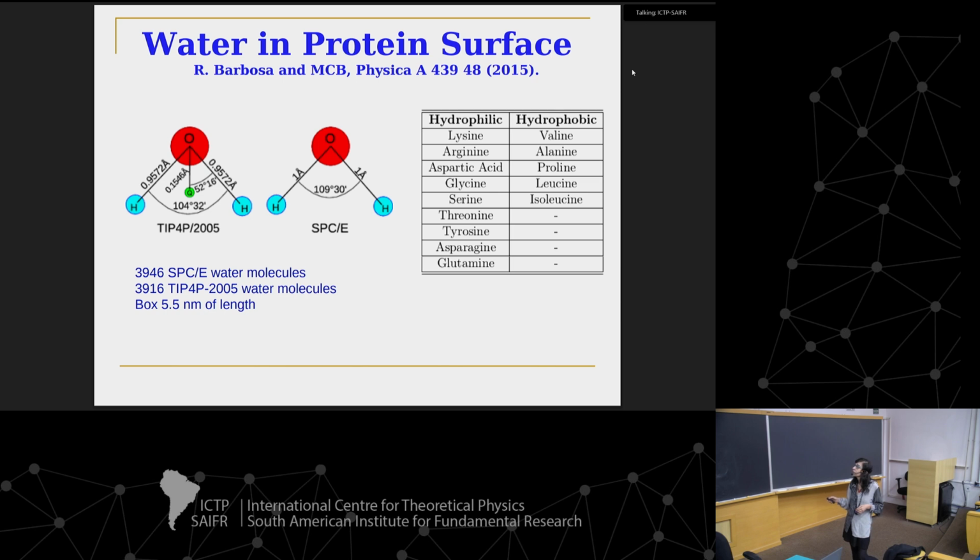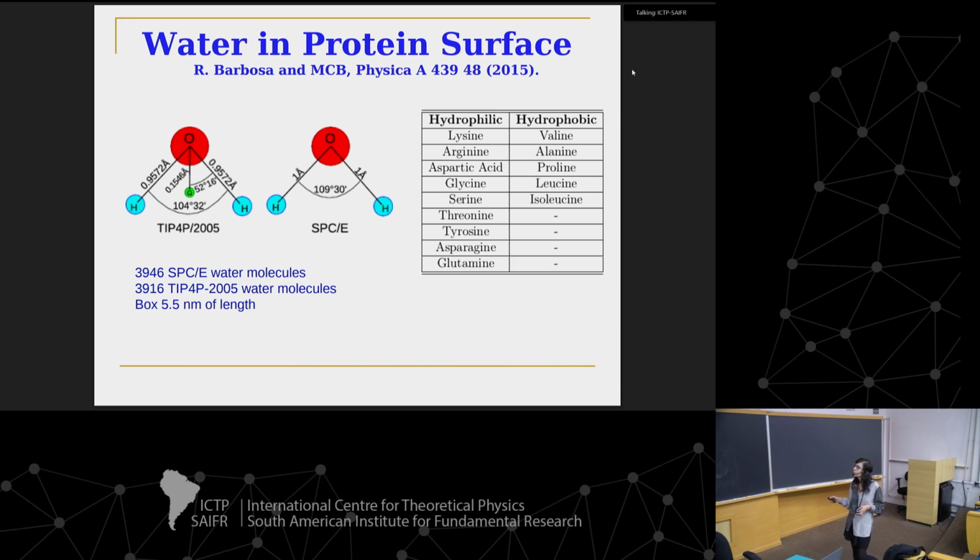And we have the TIP4P/2005 that Paula mentioned many times, in which you have oxygen, the hydrogens, and a localized charge that has no mass but charge, and the oxygen has the mass, hydrogen has the charge. They have slightly different parameters, and this is a model that has been widely used for many of the behaviors of water, and they reproduce reasonably well the behavior of water.